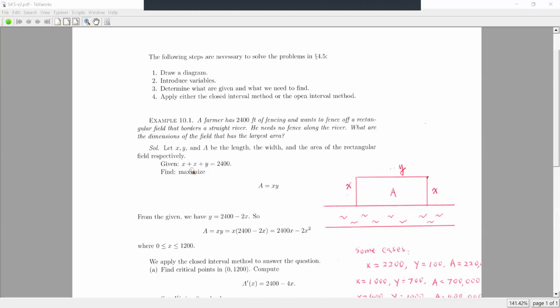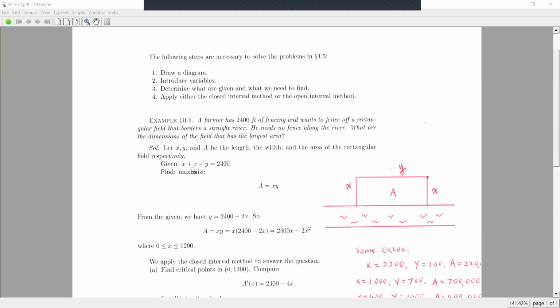Yeah, we are given this equation. Now we need to maximize the area. Rectangular field area is equal to x times y. So the question is how to determine x and y so that A is the largest.